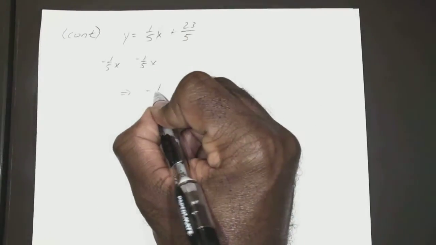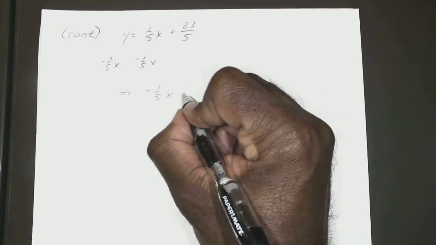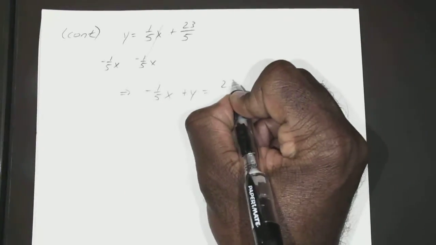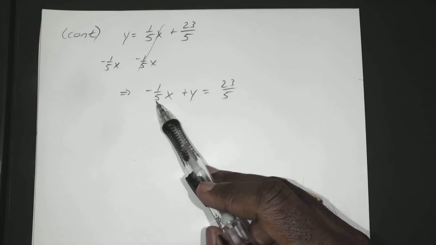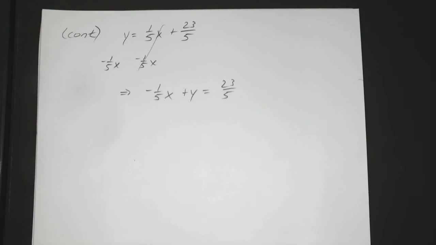So we're left with negative 1 over 5x plus y equals 23 over 5. Okay, and I picked this one purposely because just like before, we had that negative next to the x, and sometimes they'll take it and sometimes they won't. With this one, it's the same thing with fractions. Sometimes they'll take them, sometimes they won't.